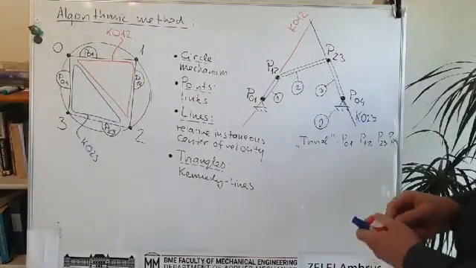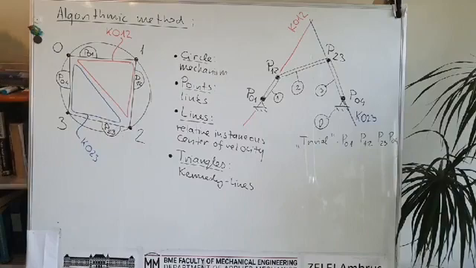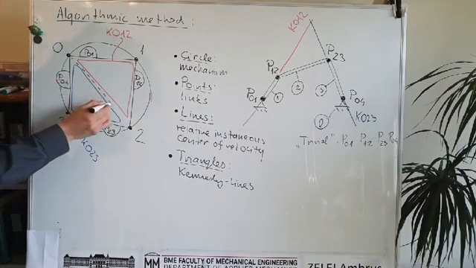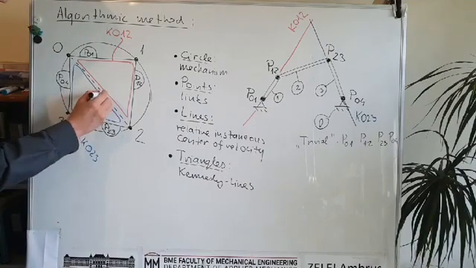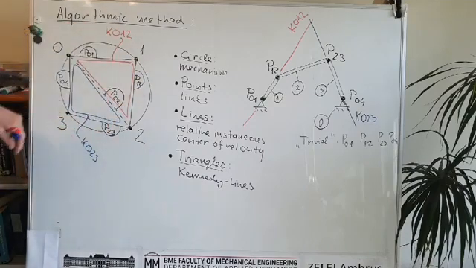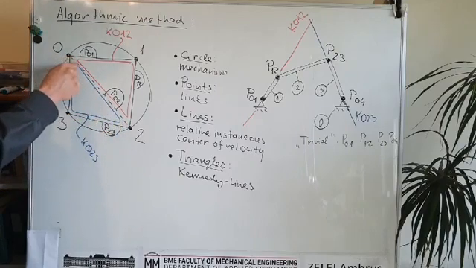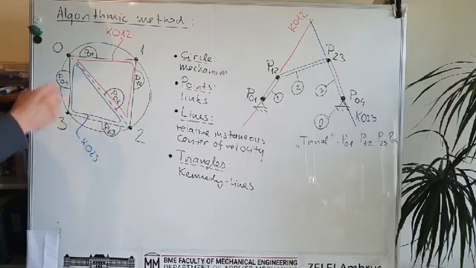And the message is that if I would like to find this instantaneous center of velocity, or relative instantaneous center, so I'm going to find this, and this is P02, then this graph shows me that this point is in the intersection of the red and the blue Kennedy line.